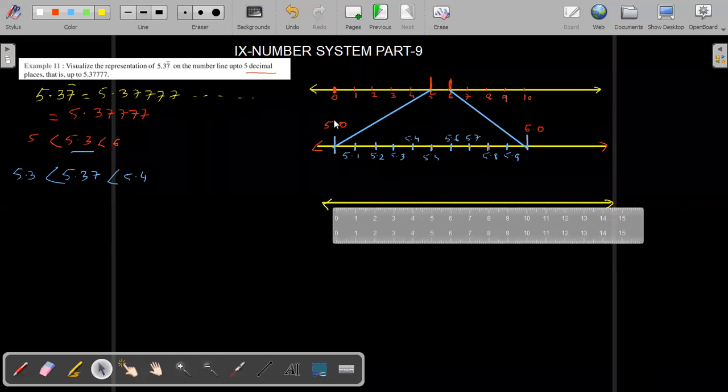It is not necessary it should be below this one. It can be somewhere here, no problem. That doesn't matter. So we will draw 10 parts now again. So this will be our first part. This is our first part.